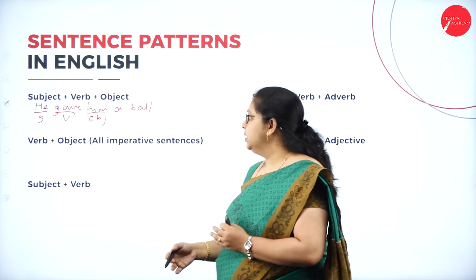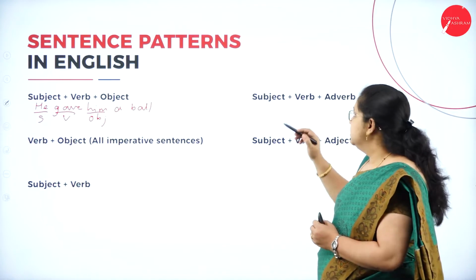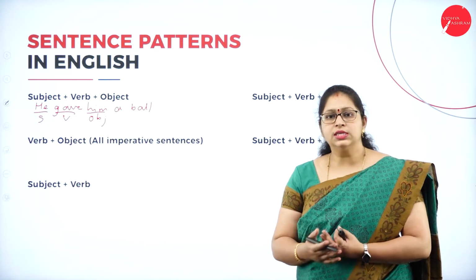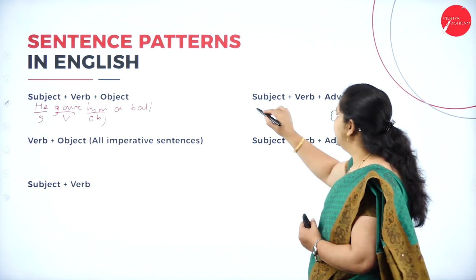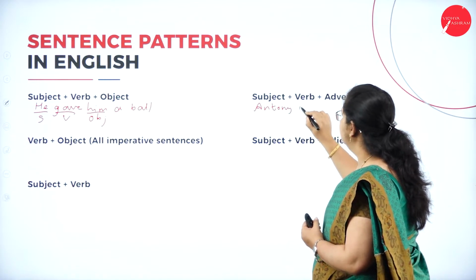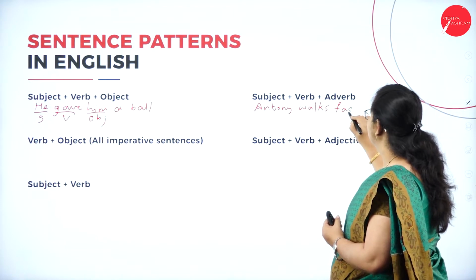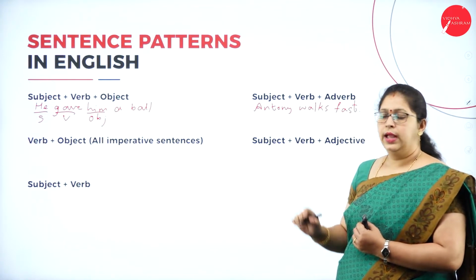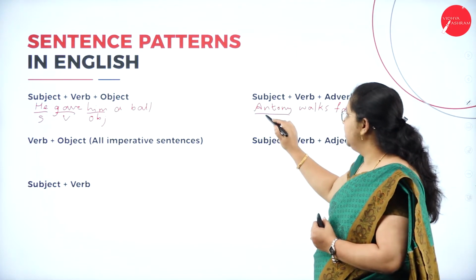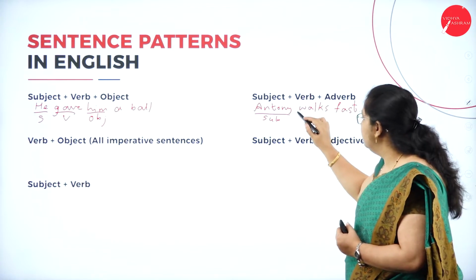Okay. Then the other one is subject plus verb plus adverb. So, an example for this is Anthony walks fast. Let me write it here. Anthony walks fast. Anthony is the name of a person, so Anthony will be the subject. Then, what is he doing? He walks.